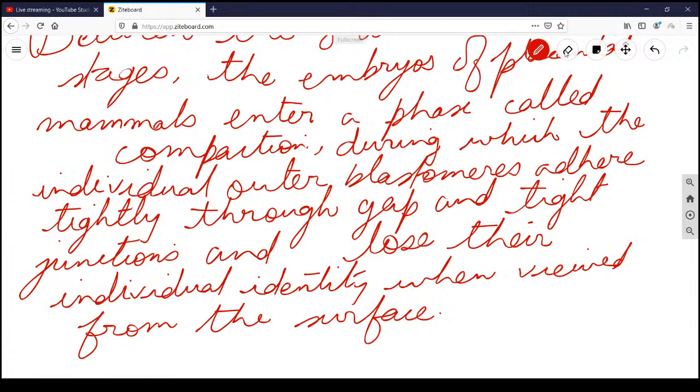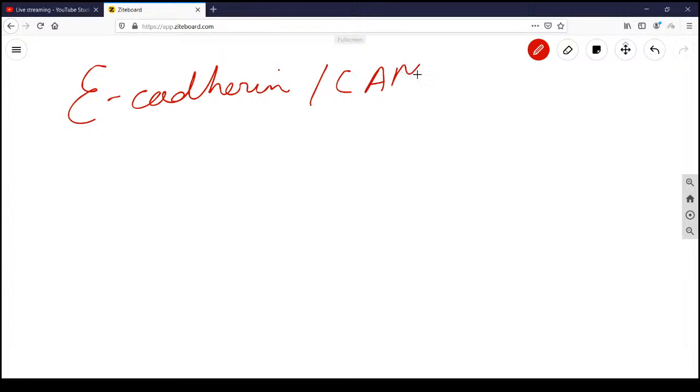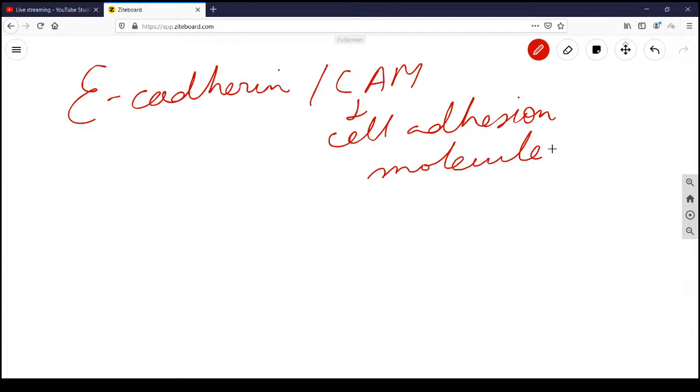So if in NEET examination that question comes, you can say the first molecule to cause compaction is E cadherin, they come under CAM. CAM means cell adhesion molecules. So that is known as epithelial cadherin.